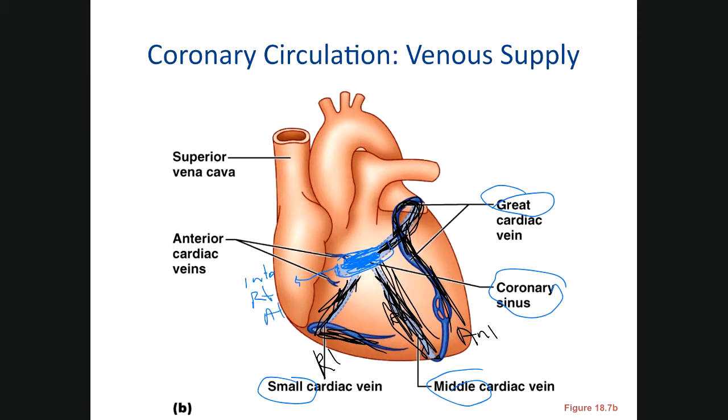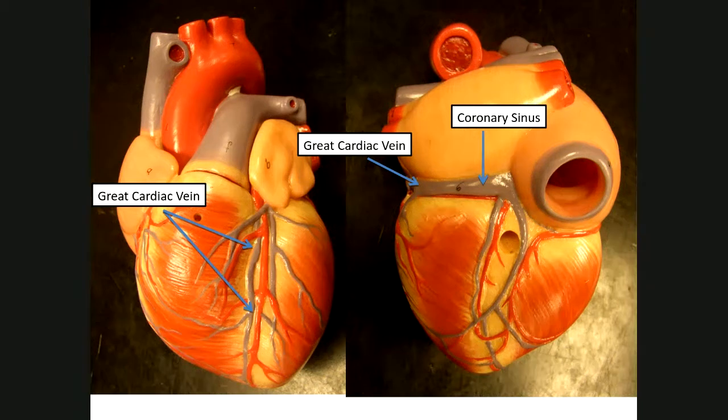So if we look at this on the models, they look like this. So here's our great. These are blue. It's going to start here and go this way. Remember, they're going to merge and get bigger and bigger and bigger. And then it's going to go around like that, and it's going to keep coming until it gets about right there. And then here's the middle.